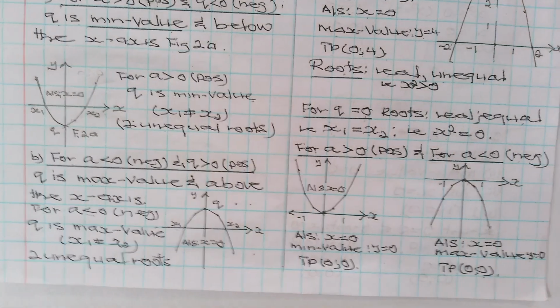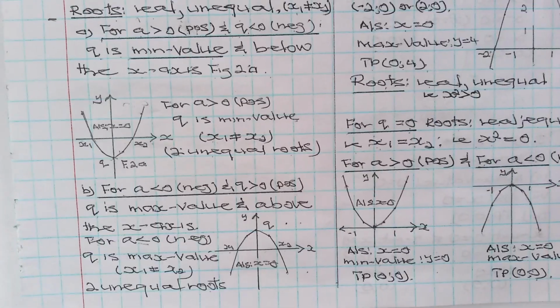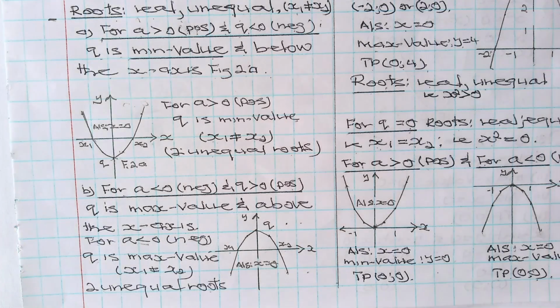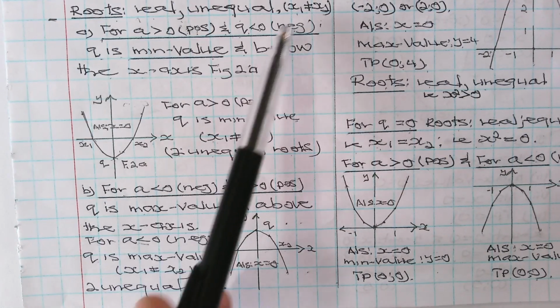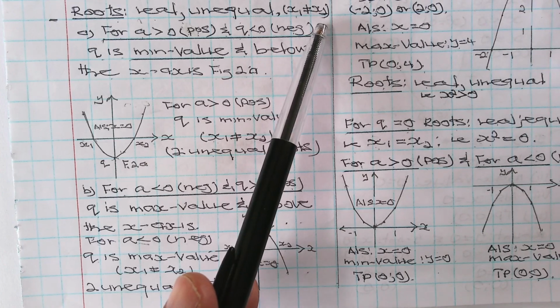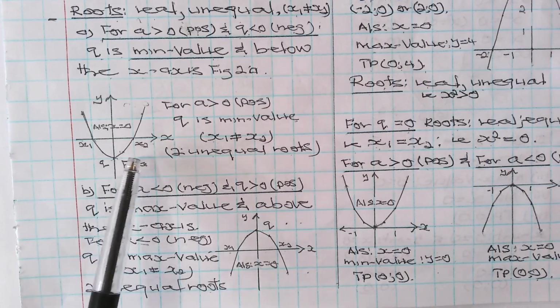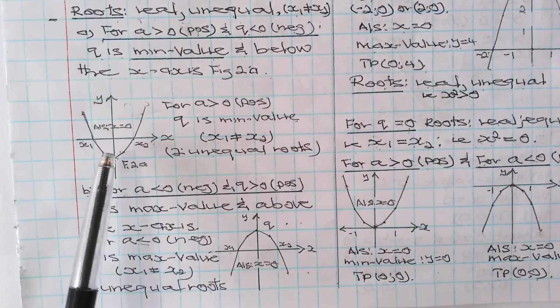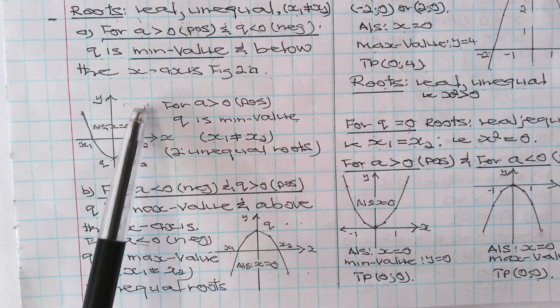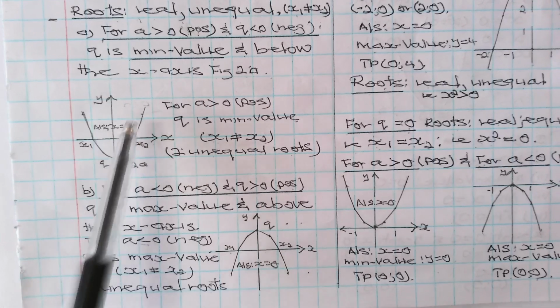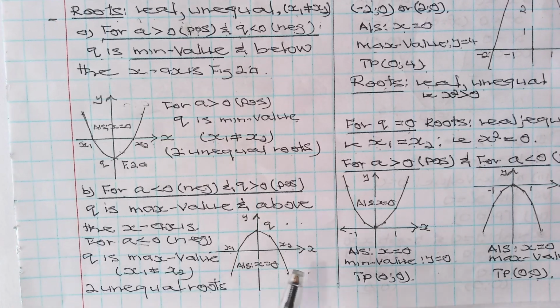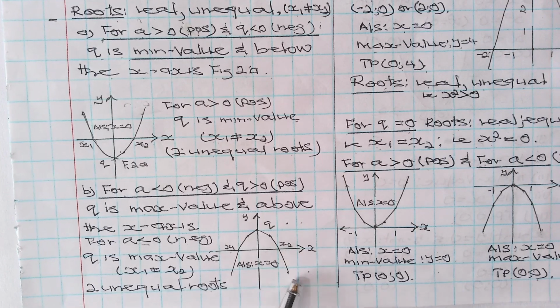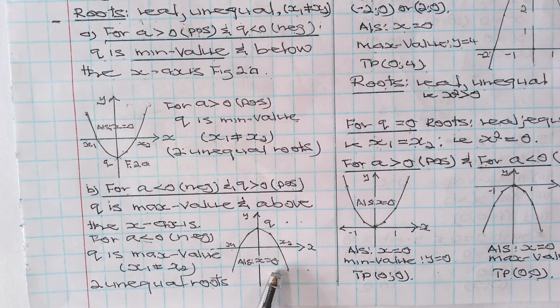Guys, let's go back and look at this again. For real unequal roots, x1 is not equal to x2. x1 is not equal to x2 for the graph with a greater than 0 opening upwards. x1 is not equal to x2 for the graph with a value opening downwards.